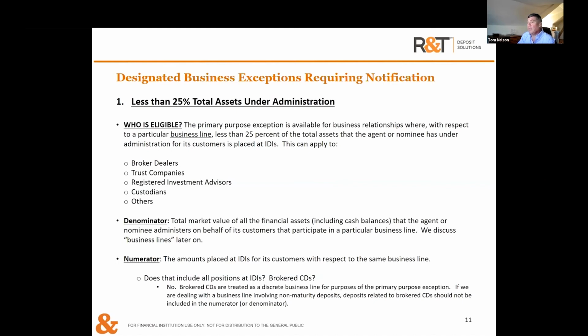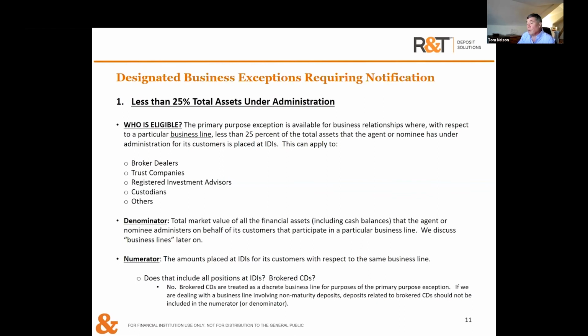But importantly, that number that they place at IDIs is only the amount in non-brokered structures. So if they have brokered CDs, those brokered CDs would be a discrete business line and not part of the calculation. And it is very clearly defined that brokered CDs do not qualify for any of the primary purpose exception.